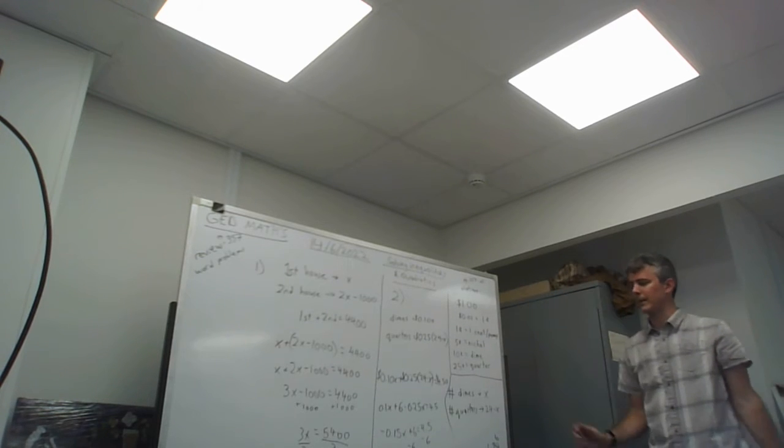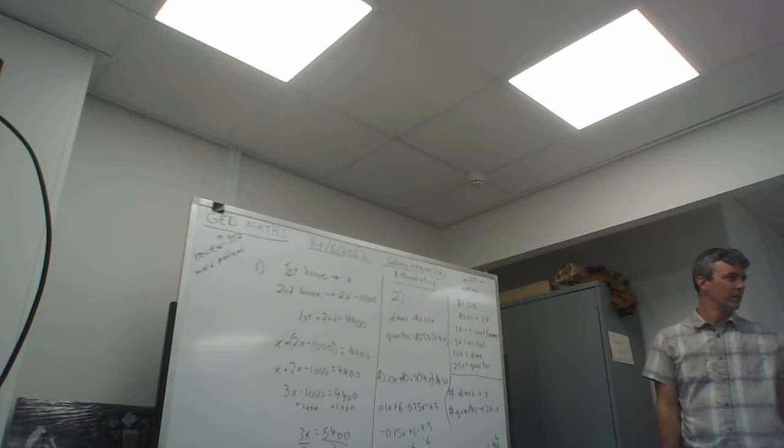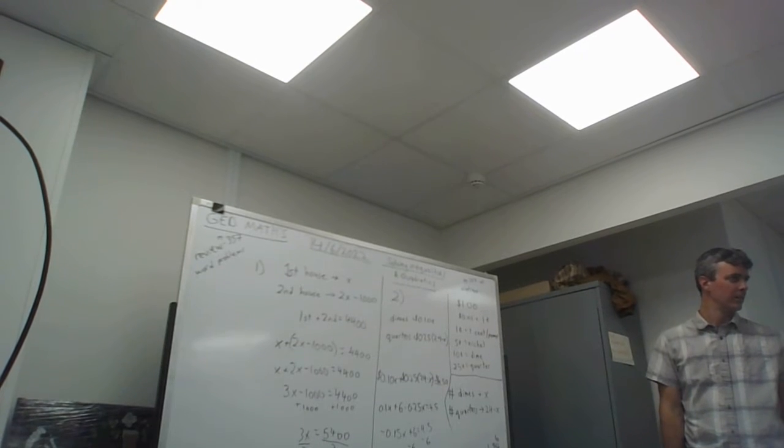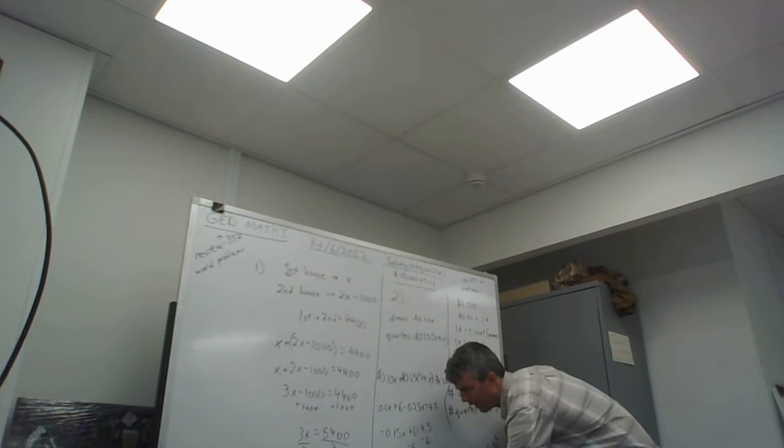Now I want x by itself. What do we do? We divide by negative 0.15. So divide by negative 0.15 on this side, and this one's divided by negative 0.15.